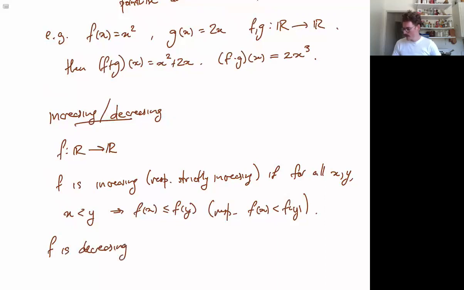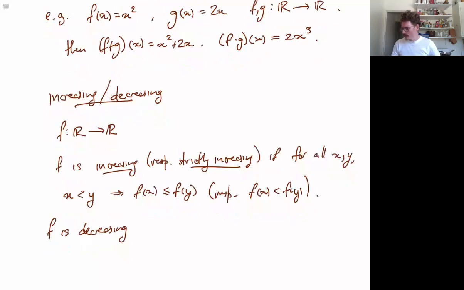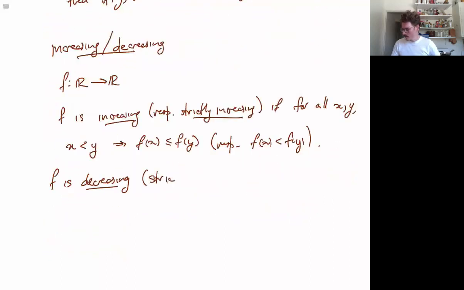And we can make a similar definition. So that's increasing and strictly increasing. F is decreasing or strictly decreasing if, basically the same thing, except that this inequality is going to get switched.